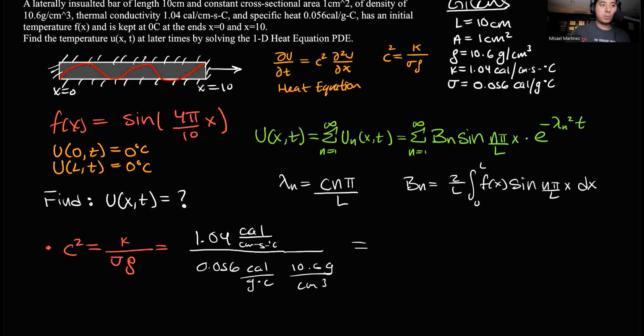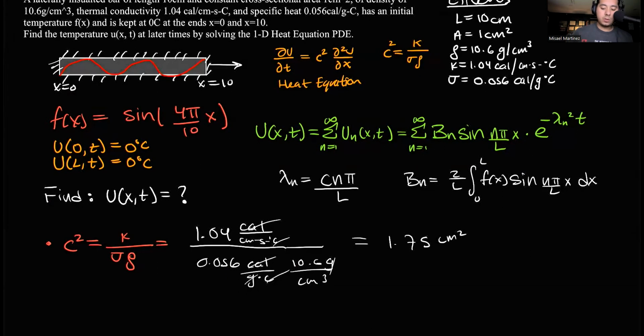After we get everything from here, we should find the solution, which I believe should be around 1.75 centimeters squared per second. So that is our value c squared.